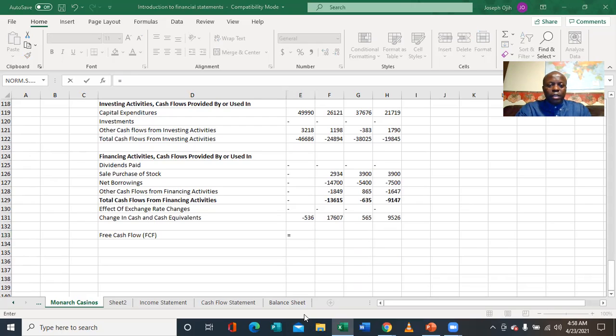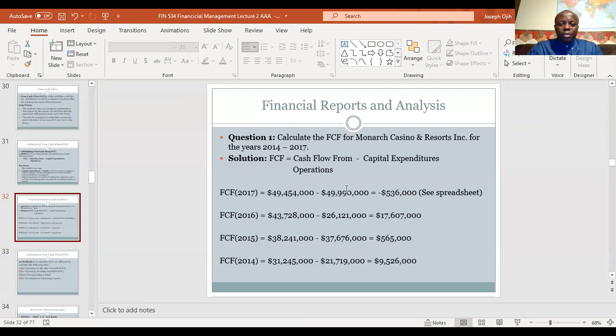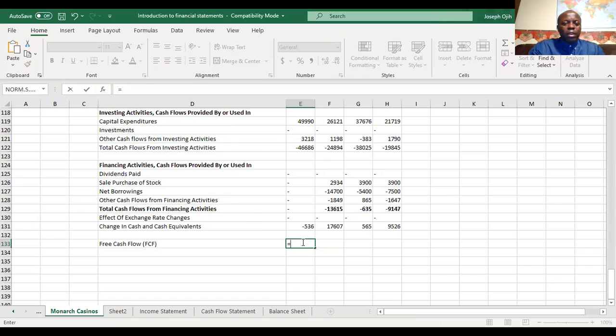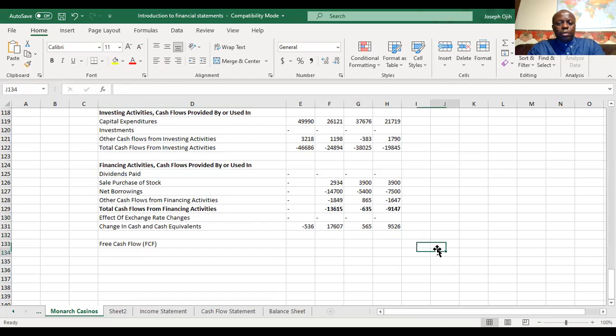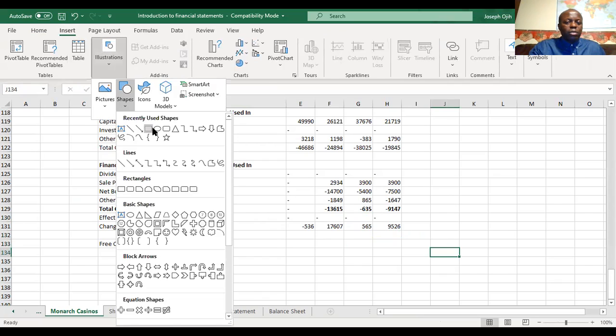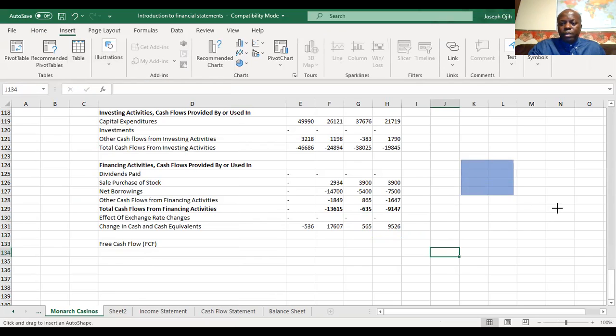Let me copy it from here, and then come here and put it so that you can be looking at the formula while we're doing it. Let me put this so you can see the formula. Maybe I can put it on a box.